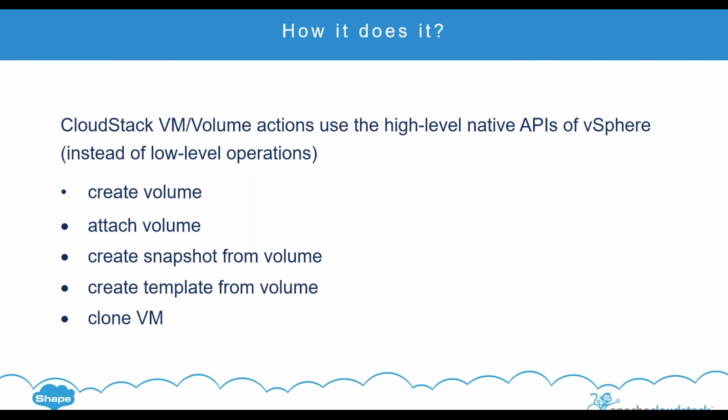One of the ways we've gone about this, and one of the things we wanted to do, was use the native API that vSphere gives us in a couple of their different SDKs. Before, we were doing quite low-level actions. We were doing bit copies of things, partly because the specific features that people wanted back when this dates back to, I think CloudStack dates back to vSphere 4 in some places, just weren't possible.